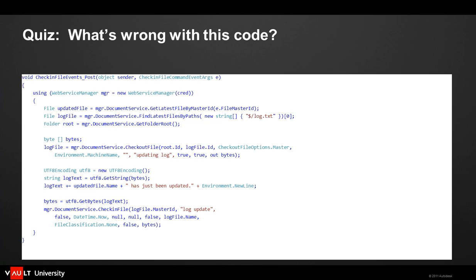I'm going to grab that file and open it up. I'm actually going to check out my log file. I'm going to convert it to string, that's what all that UTF encoding is. I'm getting the string representation of that file. I'm adding a new line of text at the bottom, and then I'm going to convert it back to binary. I'm going to check in my log file. So that's what this thing does.